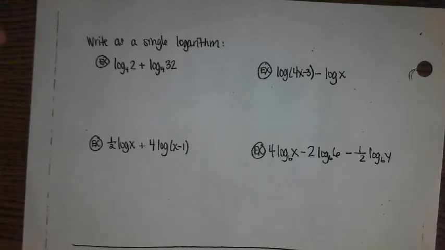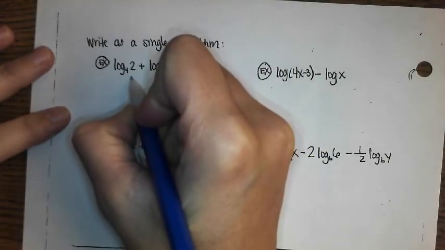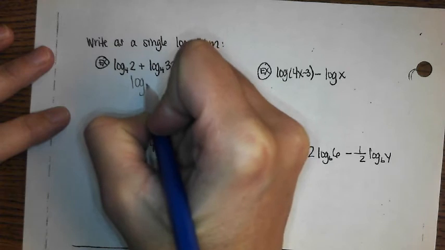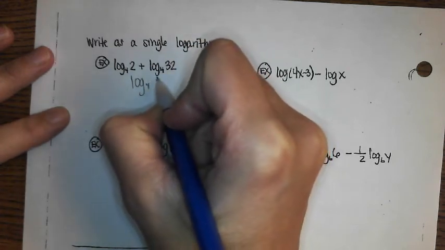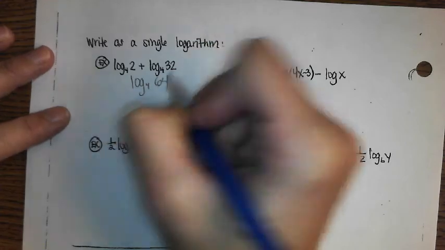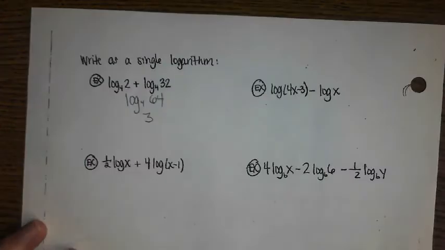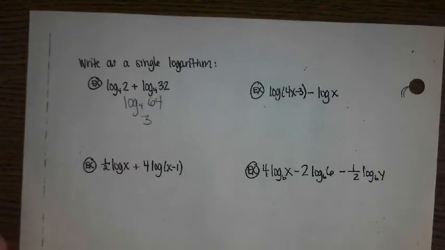John, what'd you get for the first one? Good. Now it didn't say to evaluate, but we could on this one, right? 4 to what power is 64? Next one, Joe.